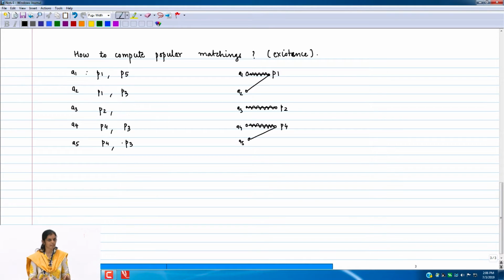Then these are the only remaining posts among these applicants, P5 and P3. So I will add this edge A1 P5, but remember A1 P5 is not interesting to me because I have already assigned A1 to P1, so there is no need for me to add this edge. But I will add these edges to P3, right? These are the edges that I will add.